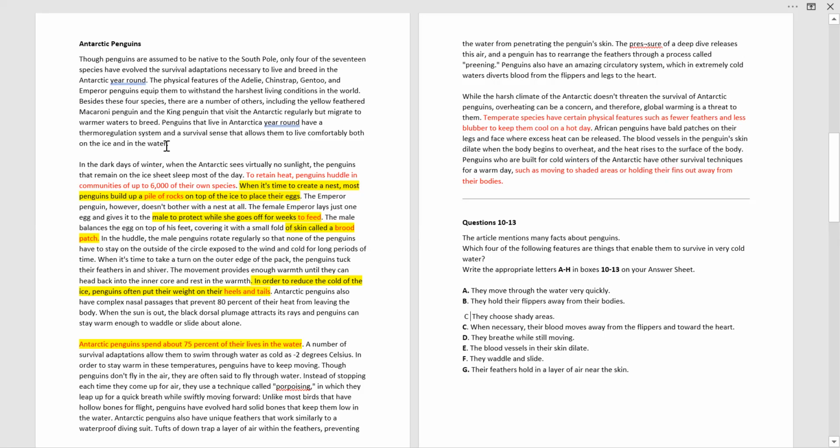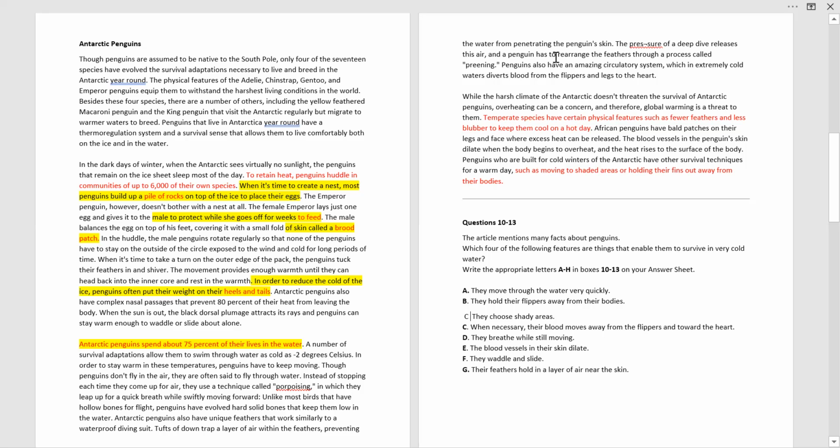Now, this is for a temperate species. Okay, let's see what they do. So it will be the other way around. If we are not picking this option, say A, they move through the water very quickly.